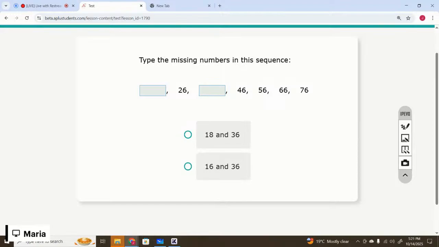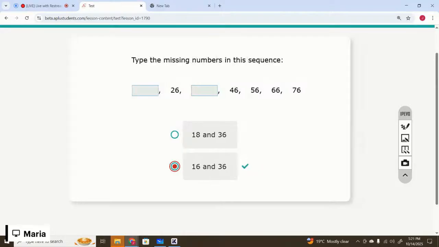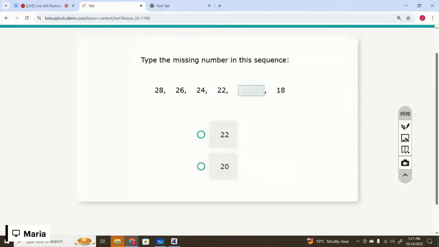Type the missing number in the sequence. 16 and 36. Option number 2 is the correct option.